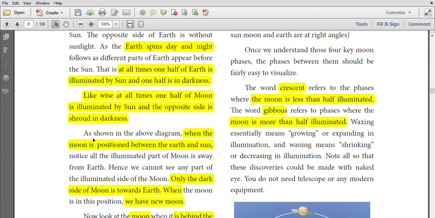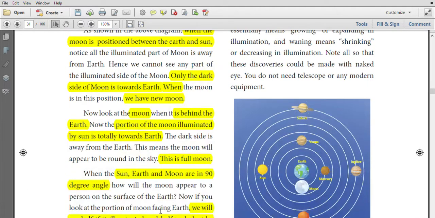The moon is positioned between the earth and the sun. Only the dark side of the moon is towards the earth, so we cannot see the moon. It is called new moon day.